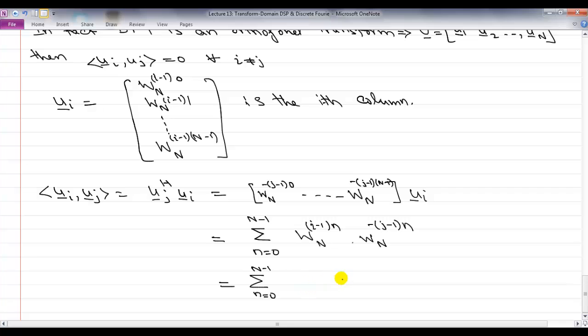Now since these are simply exponentials, I just add up their exponents. So I get the sum over n equal to 0 to n minus 1 of Wn^((i-j)n).